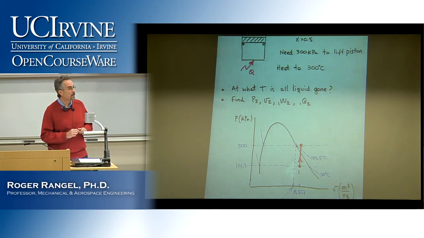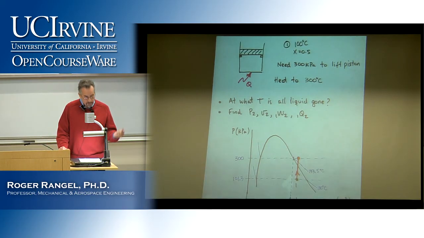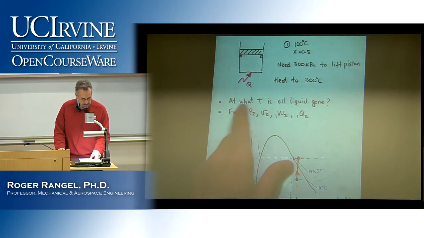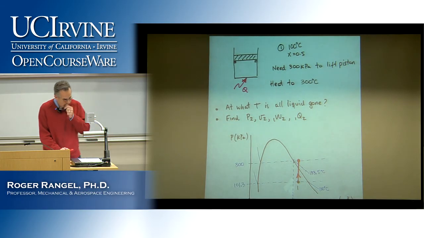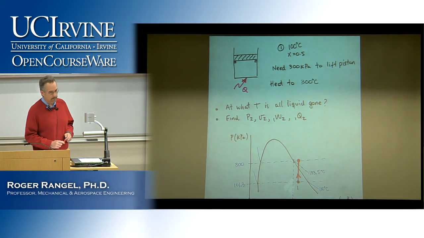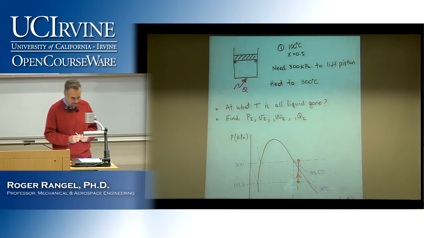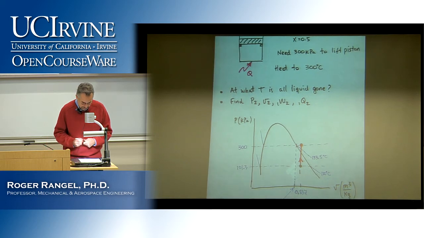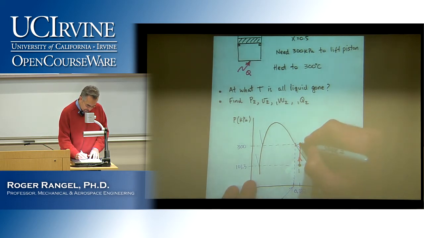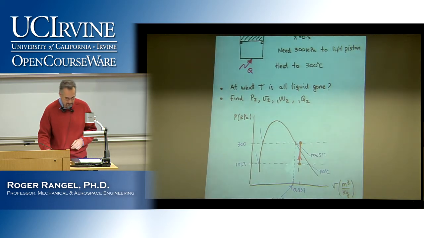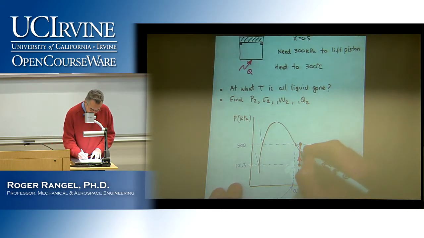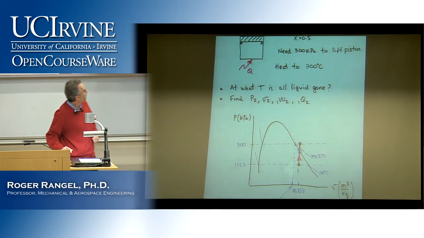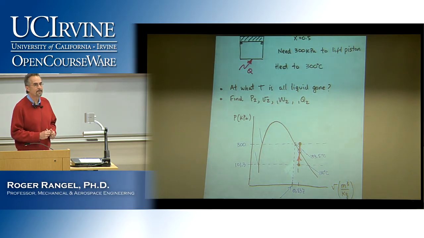So all the liquid is gone. So I have to step back and say, how do I answer the first question? At what temperature is all the liquid gone? Obviously, it happened before we hit that intermediate stop right here. Let's put it in black. Because all the liquid is gone right here.